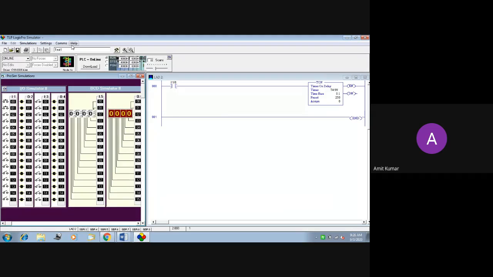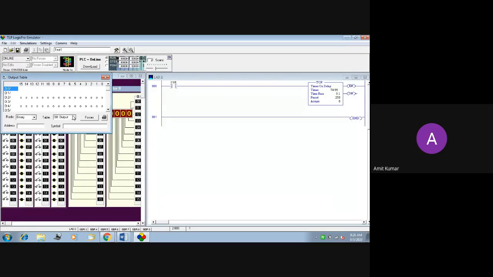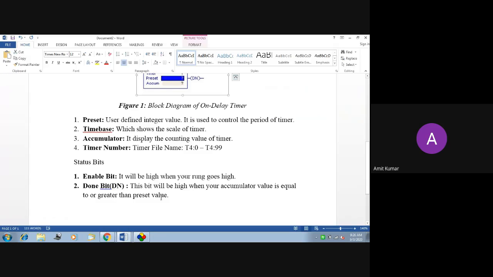Now there is an internal bit which is not shown here. You can see here we have a TT bit, known as the timing bit. So the third bit is the timing bit, that is TT.